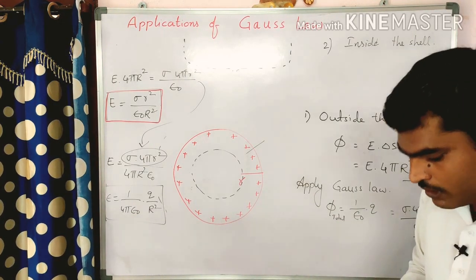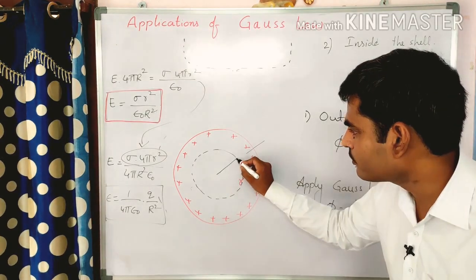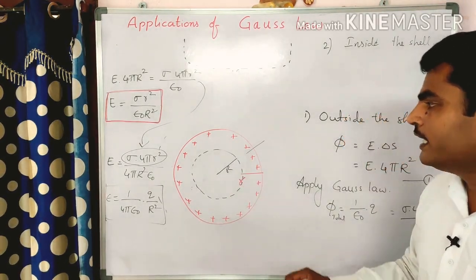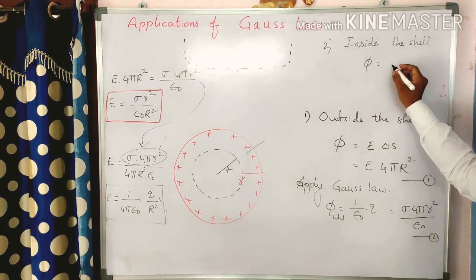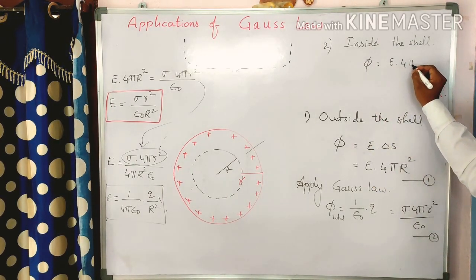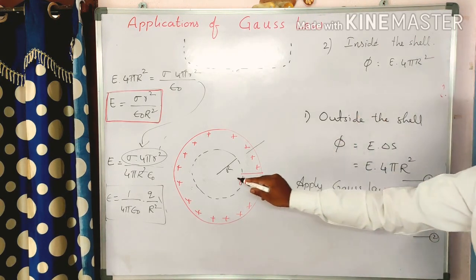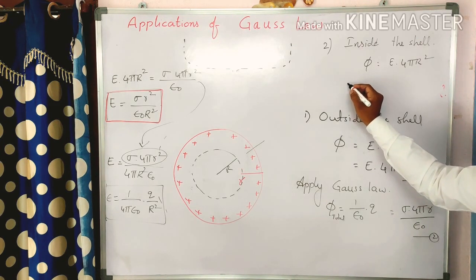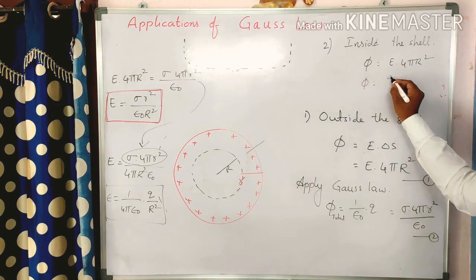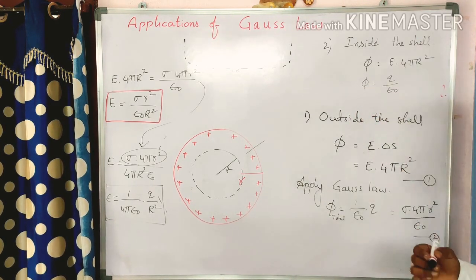Suppose this radius is r. So what is the flux? Flux phi is equal to E into 4 pi r square. Then again apply the Gauss law, phi is equal to q by epsilon naught.